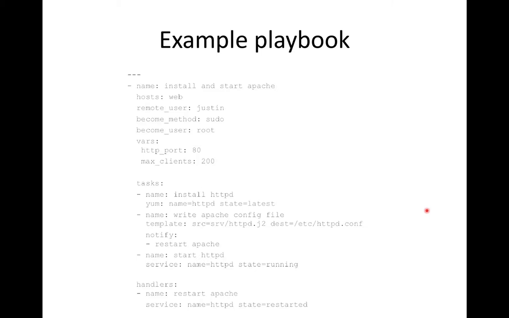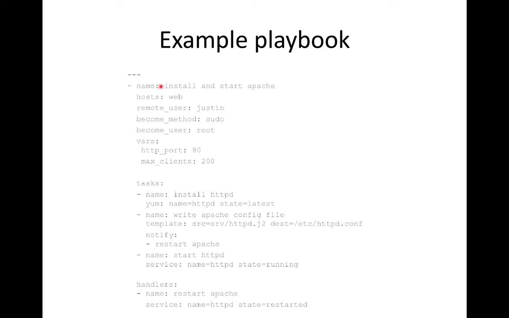Here's a quick example of a playbook. Again, this is a YAML file, and we can see that because it starts with the 3 dashes on the very first line of the file. And then we see, in this case, a single play. Each play is basically an array member or list member within the YAML document.